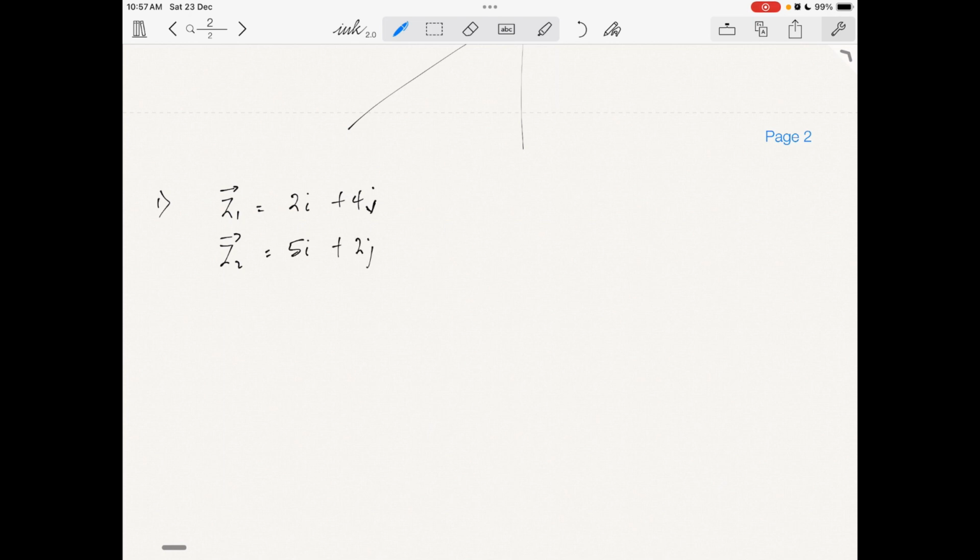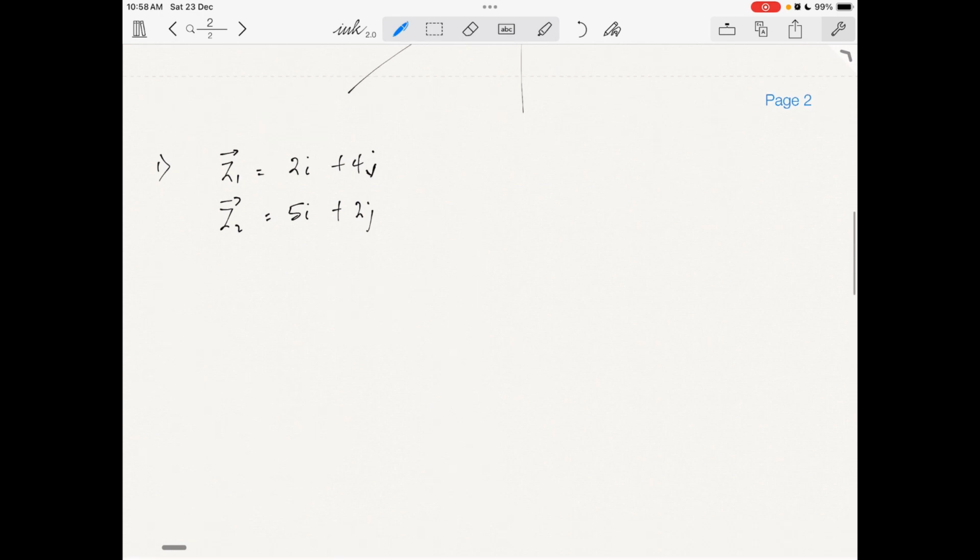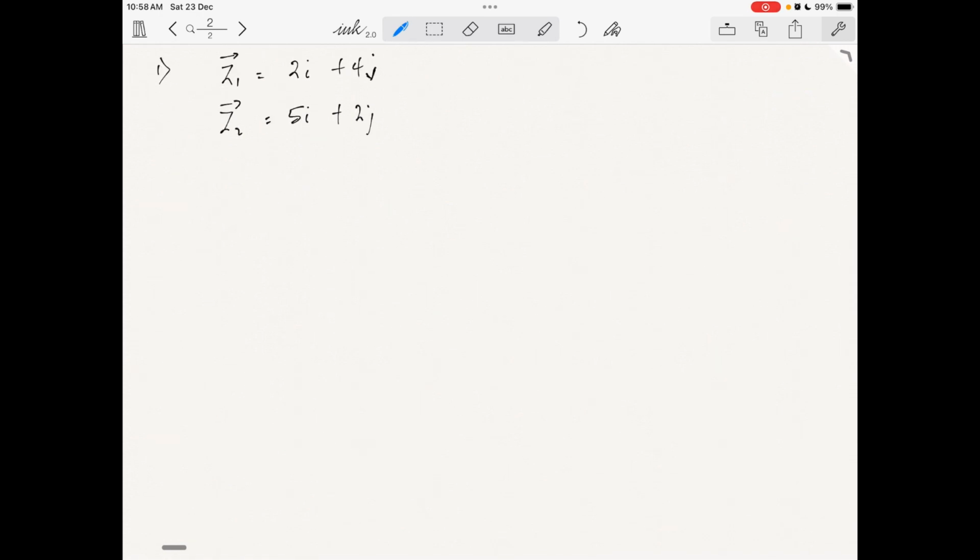We are requested to draw them as vector components on the component diagram. So as usual, we would have our Cartesian plane and label it accordingly.